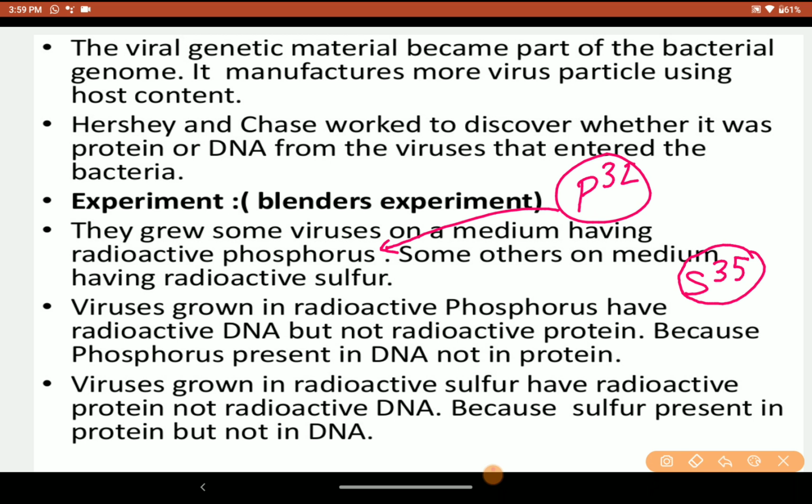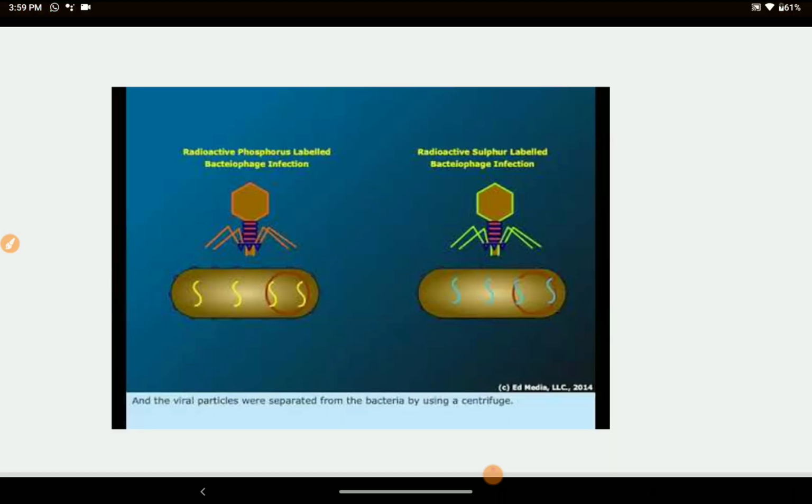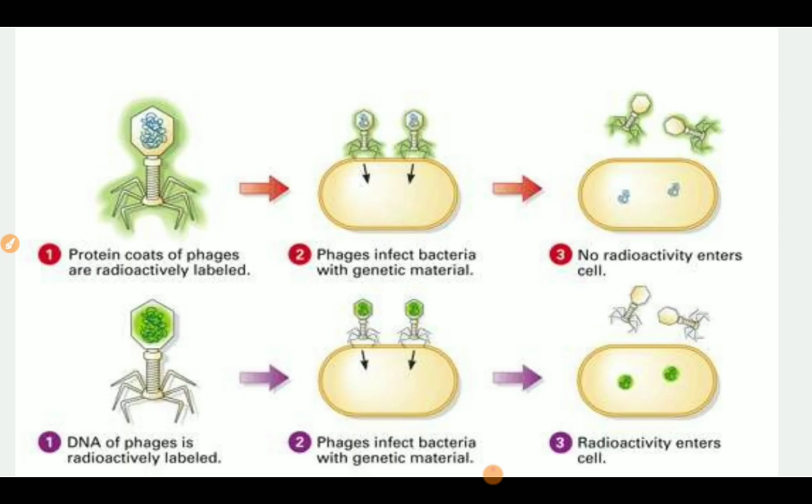So they made two different preparations of the phage, in which in the first the DNA was made radioactive with phosphorus 32, and in the other the protein coat was made radioactive with S35. Now the two phages were allowed to infect the E. coli bacteria separately.